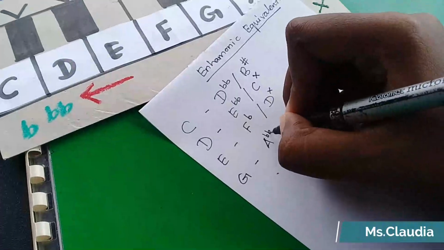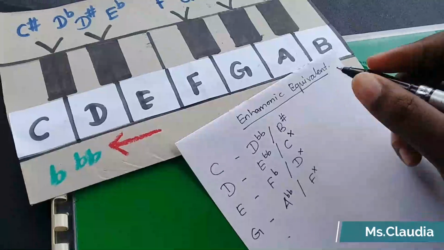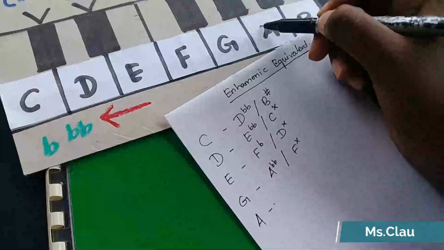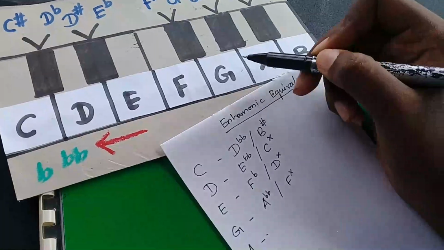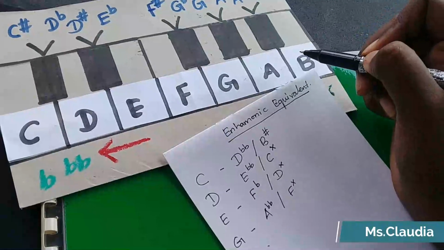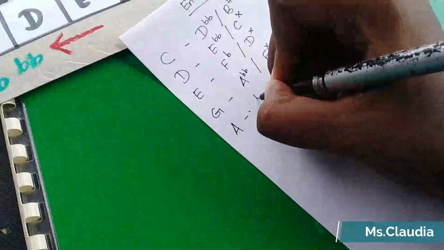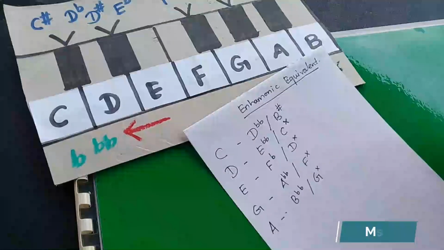A double flat or F double sharp. Let's see A. What are the names that can be given for A? That is G double sharp, or B double flat. B double flat or G double sharp.